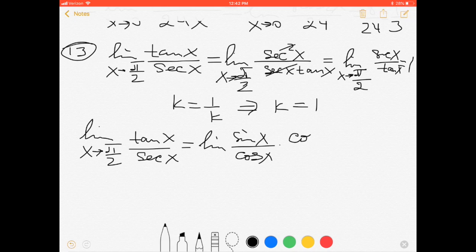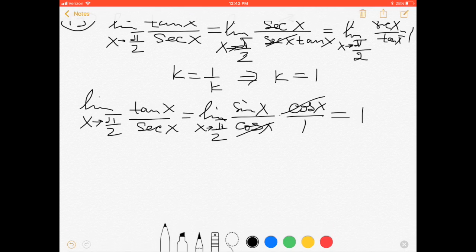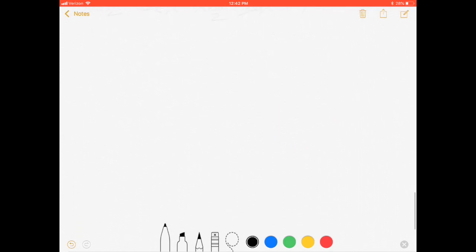Dividing means multiplying by cosine x and dividing by 1. Cosine cancels, and the limit of sine x as x approaches pi over 2 is 1. You see we have the same result. We used a different method. Which is more comfortable for you? It's your choice.